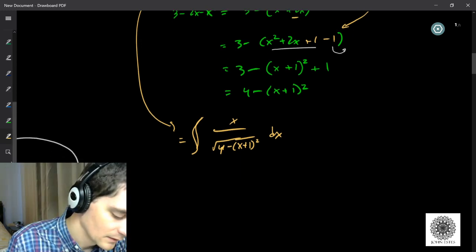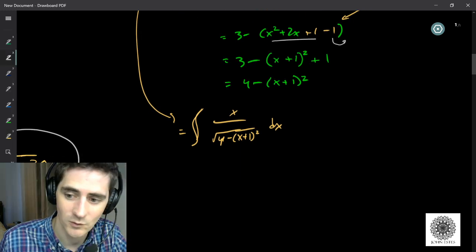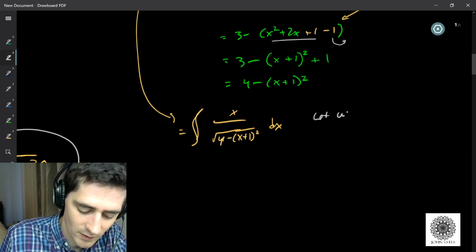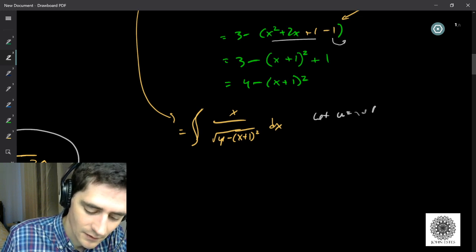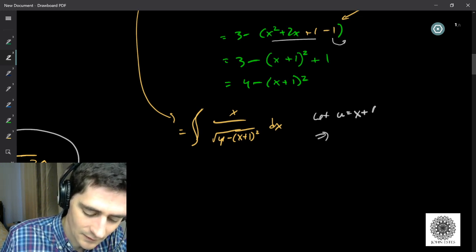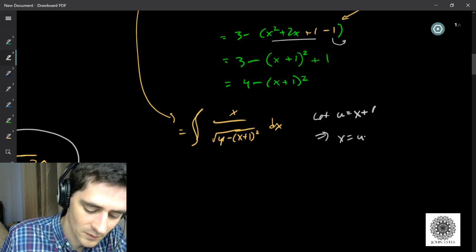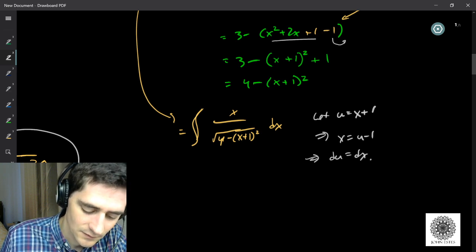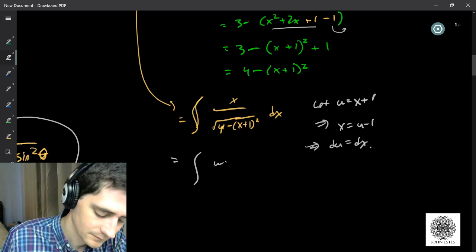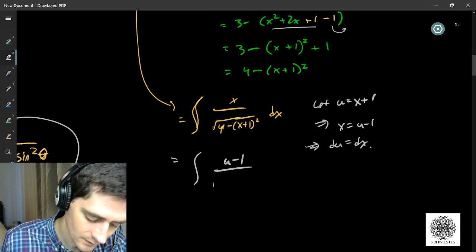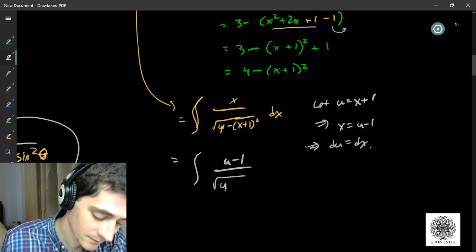What I can do here is, I don't like the x plus 1, so let u be x plus 1, which means since that's a linear substitution, x is the same thing as u minus 1, and du is just the same thing as dx, right? So here my integral then becomes the integral of u minus 1 over the square root of 4 minus u squared du.